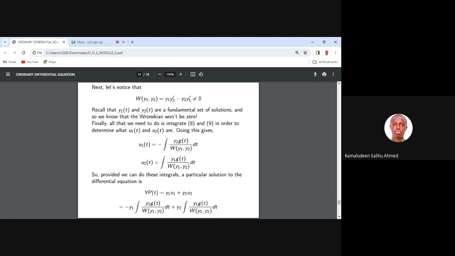You are left with u2 of t equal to the integral of y1 g of t over W(y1, y2) dt. So provided we can do this integral, a particular solution to the differential equation is yp of t equals y1 u1 plus y2 u2.